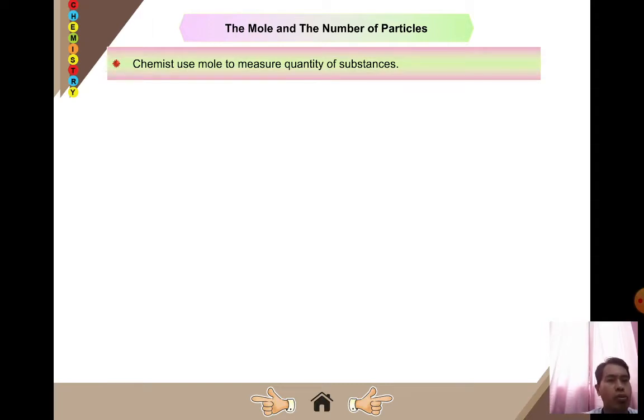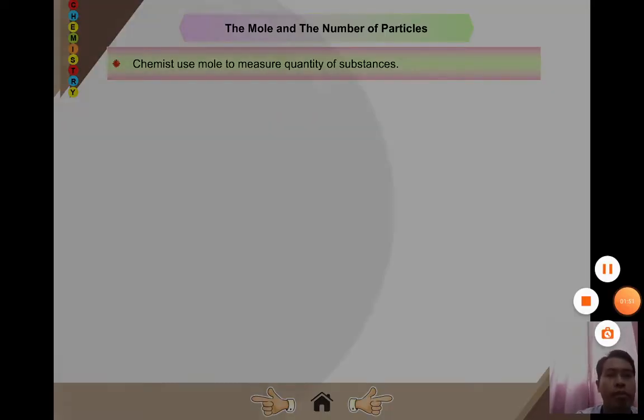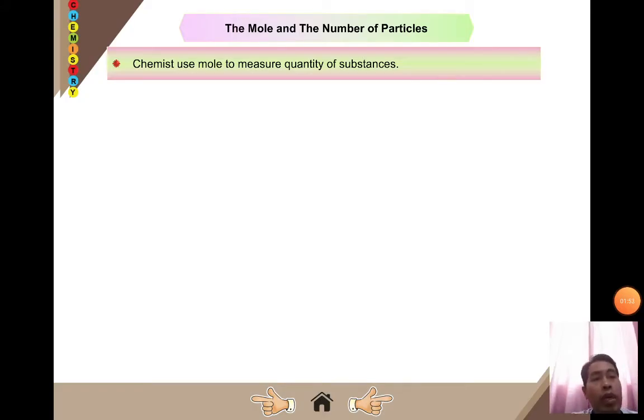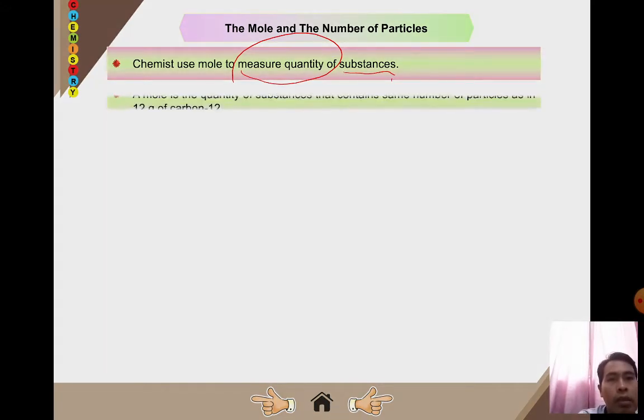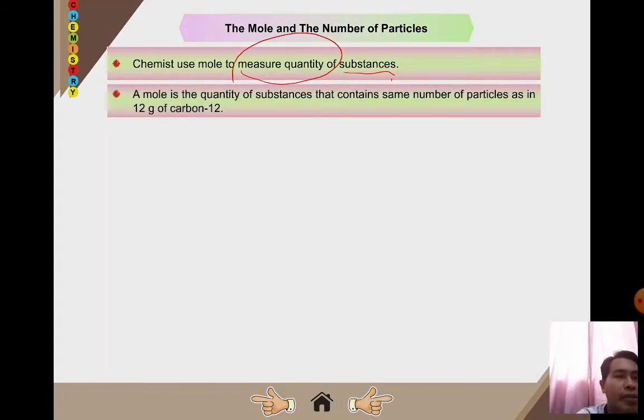Chemists use mole to measure quantity of substance. Ahli kimia menggunakan mole untuk measure quantity of substance, untuk kita menentukan kuantiti sesuatu bahan itu bila kita guna mole. A mole is the quantity of substance that contains the same number of particles as in 12 gram of carbon 12.